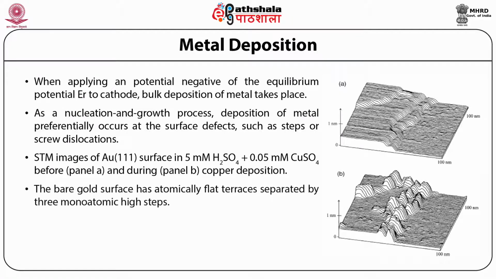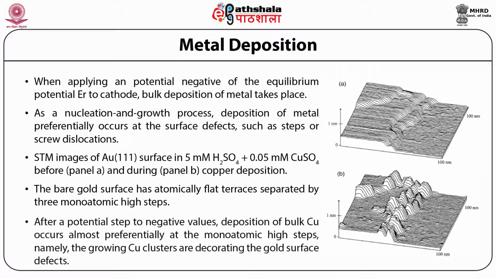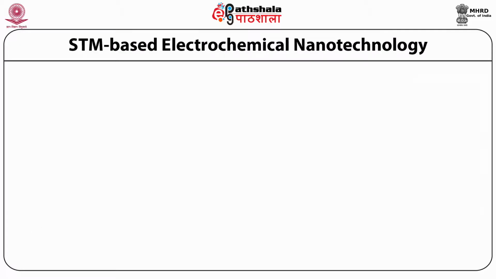The bare gold surface has atomically flat terraces separated by monoatomic high steps. After a potential step to negative values, deposition of bulk copper occurs almost preferentially at the monoatomic high steps, namely the growing copper clusters are decorating the gold surface defects.